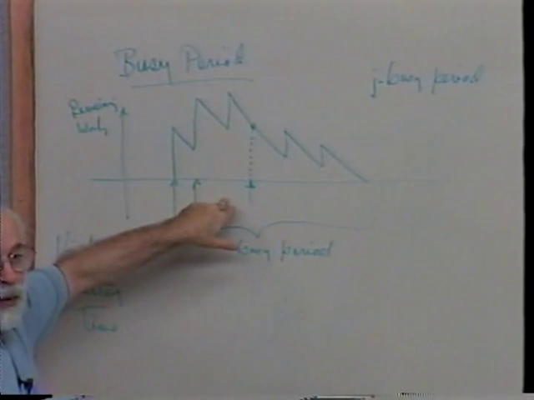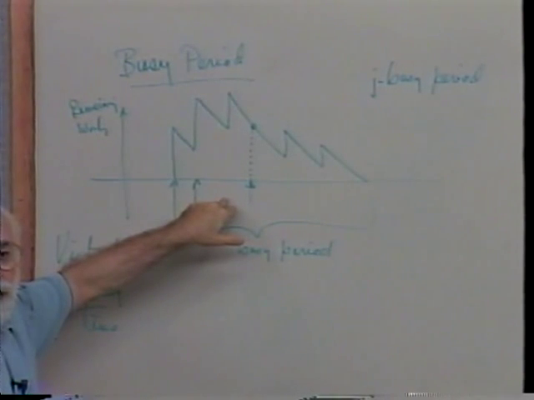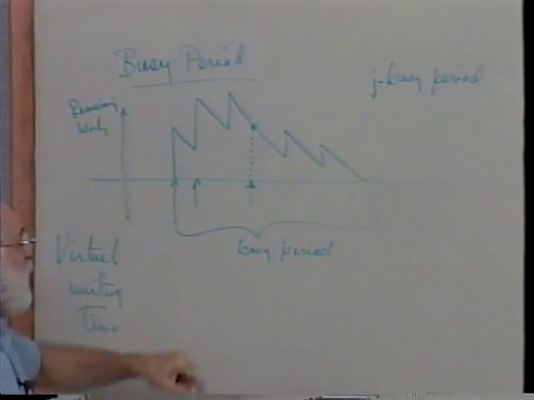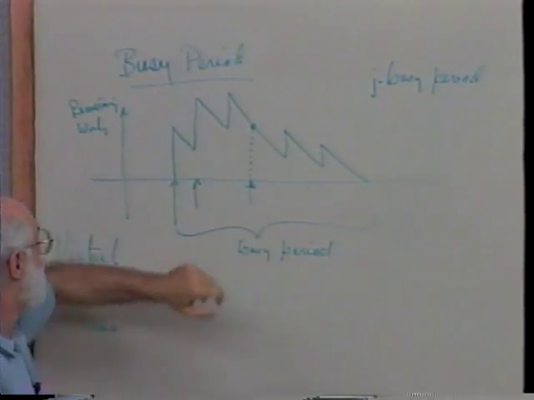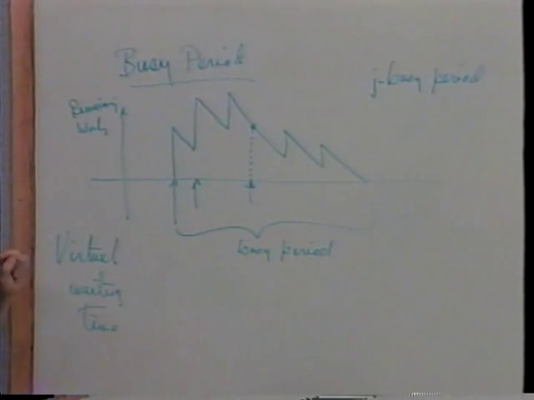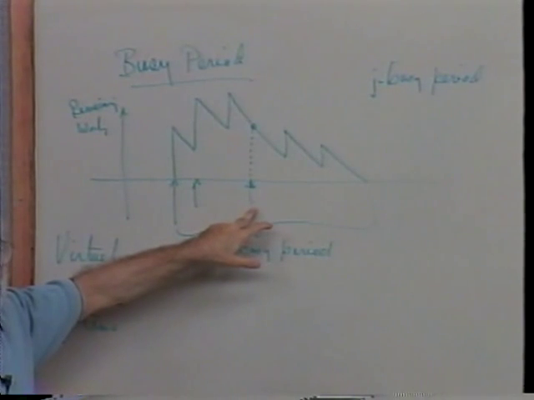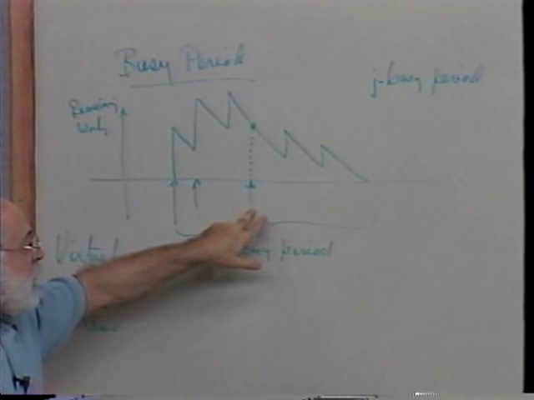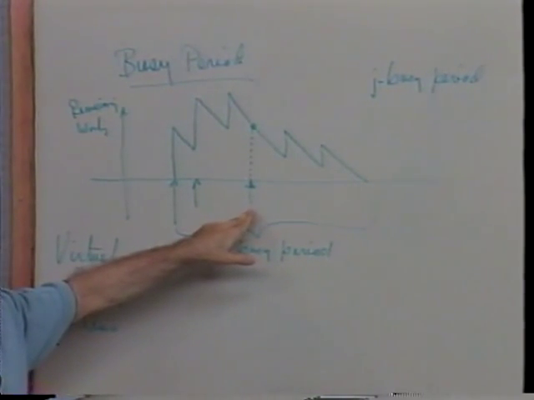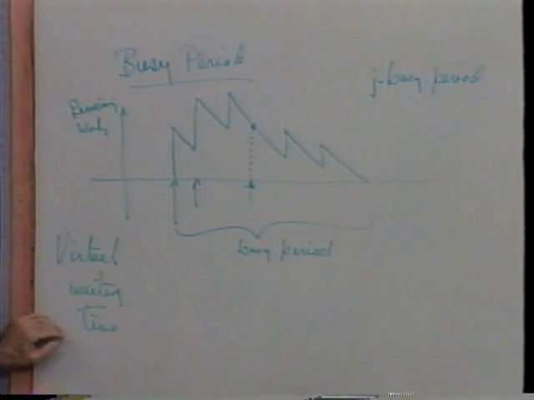But by PASTA, what the arriving customer sees and what the outside observer sees are statistically the same as long as you have Poisson arrivals. So that means the height of this graph at any time is the amount of time that a customer would wait if that instant were an arrival epoch. And by PASTA, that in fact gives the distribution of the waiting times from the viewpoint of the arriving customer. So for that reason, the graph is sometimes called the graph of virtual waiting time.